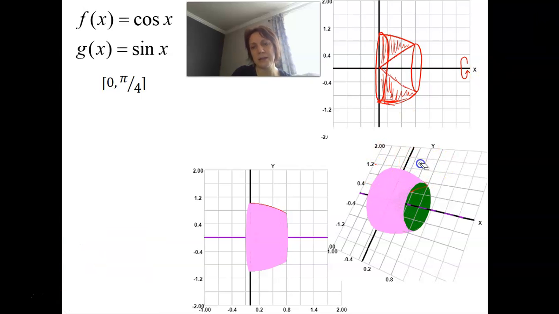So when we look at it kind of from the top, you can see the pink is the outside, and then the empty space is swirled like green. When I graph this, I graph the cosine in pink and I graph the sine in green. So where the sine swept out, you can see it created this kind of cone-like shape. Where the cosine swept out, it created this pink. So the space between the pink and the green is solid. Inside the green is empty.